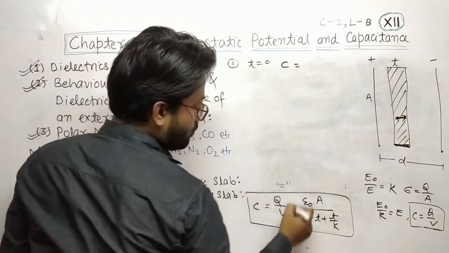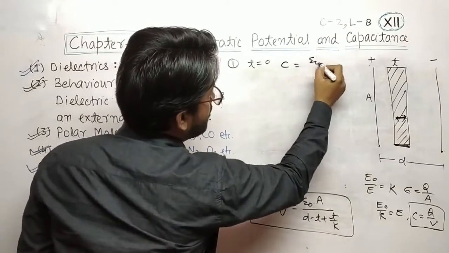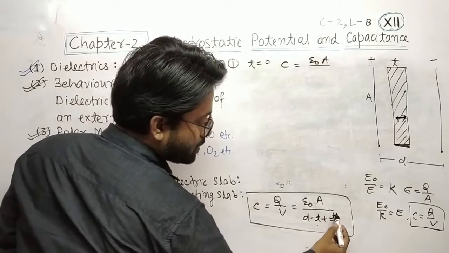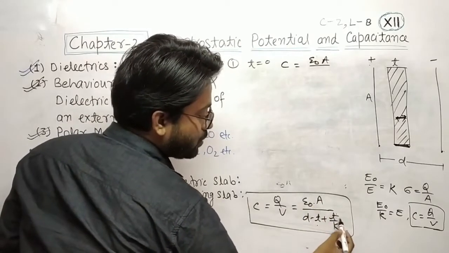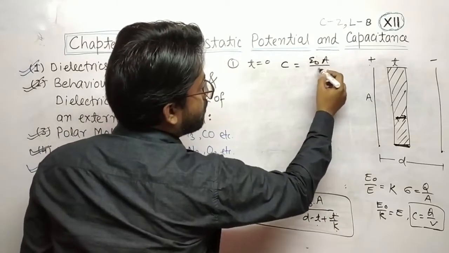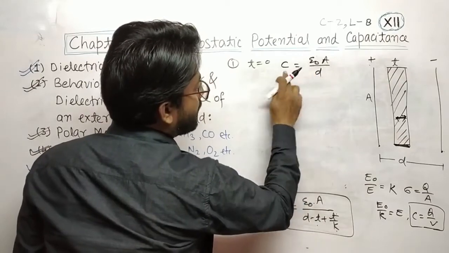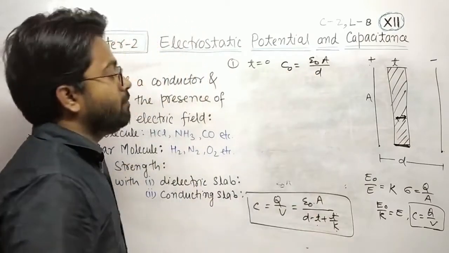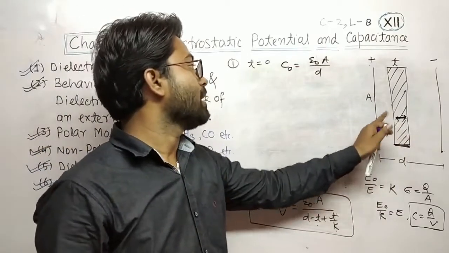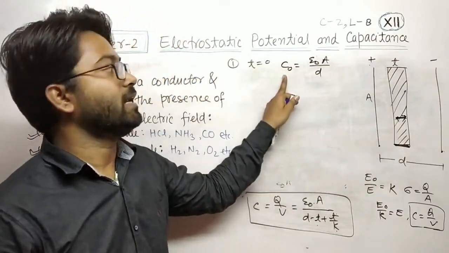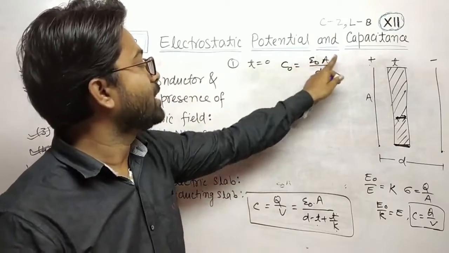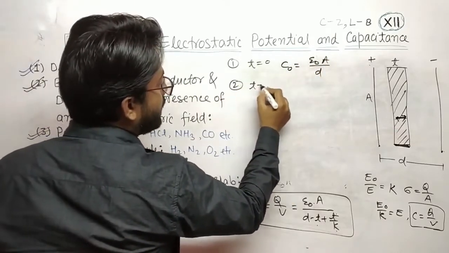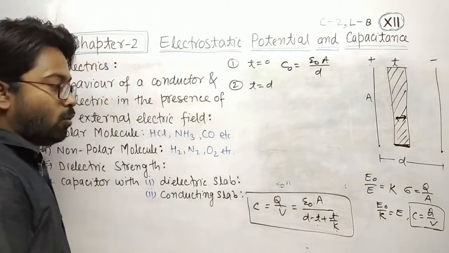C will be equal to epsilon naught A upon D. We can write C as C naught. There is no dielectric slab between the plates, so that can be written as C naught equals epsilon naught A upon D.